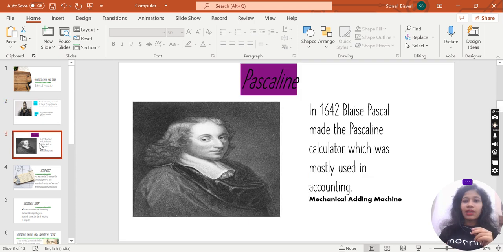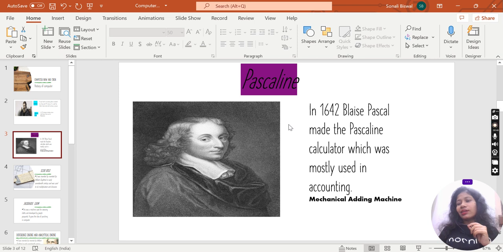Next is the third computer, the Pascaline, which came in 1642. These are the versions of computers. The scientist was Blaise Pascal.